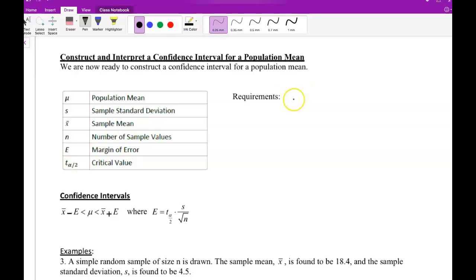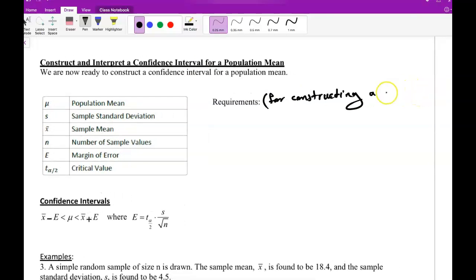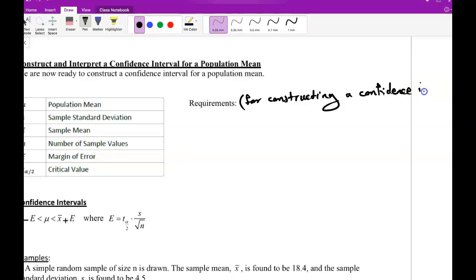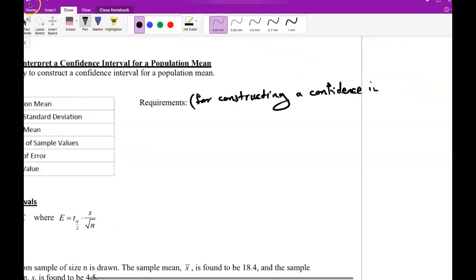And the requirements for constructing the confidence interval.